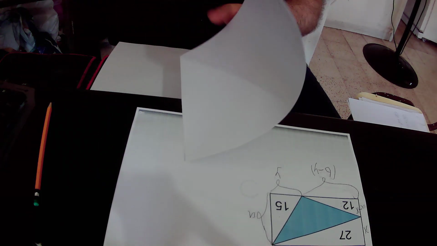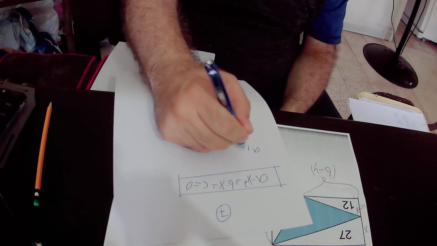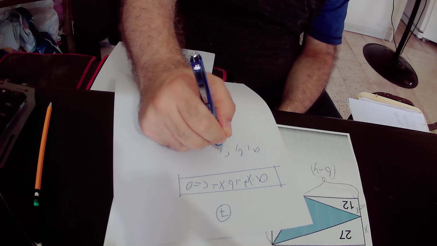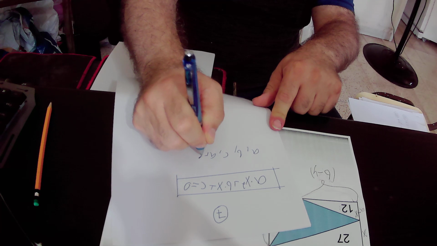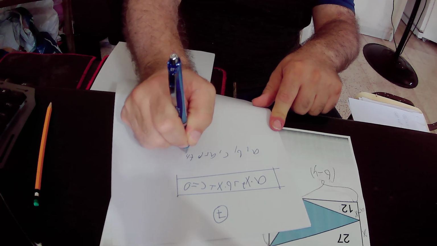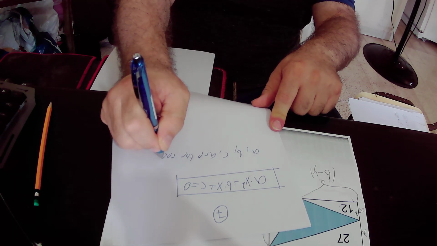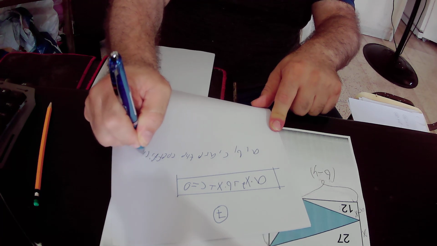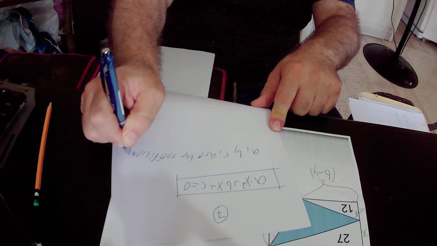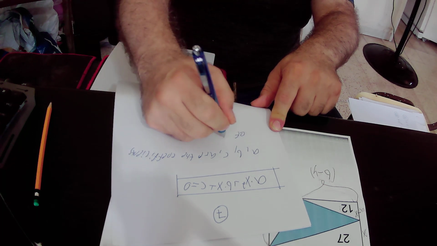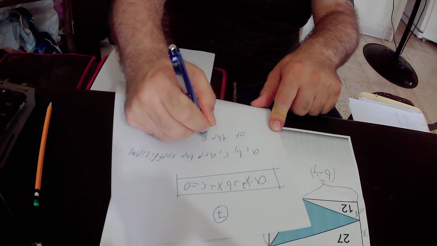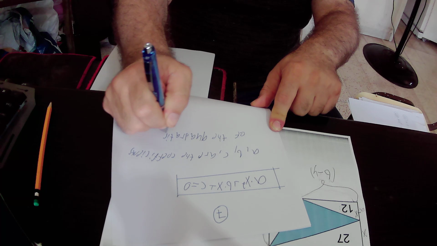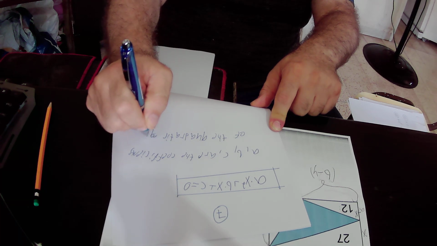Okay, I will write it down. a, b, and c are the coefficients of the quadratic equation.